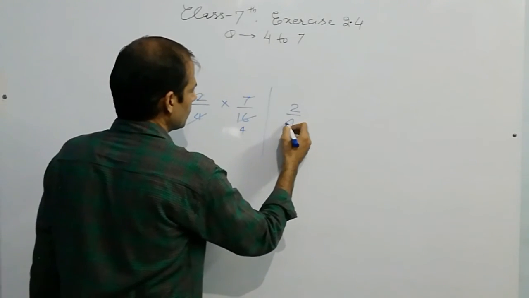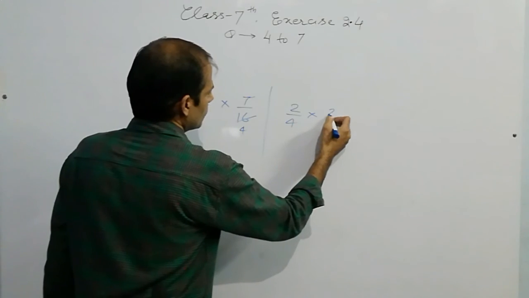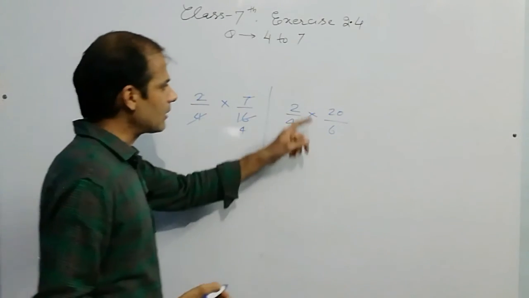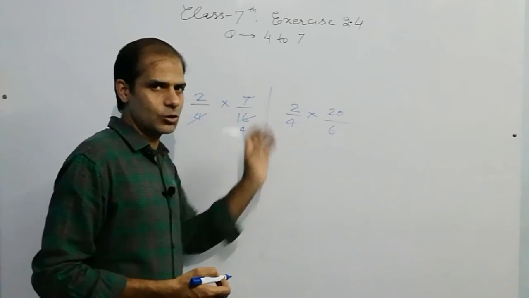Suppose it is 2 upon 4 into 20 upon 6. Now if you can cancel out a fraction, just do it.